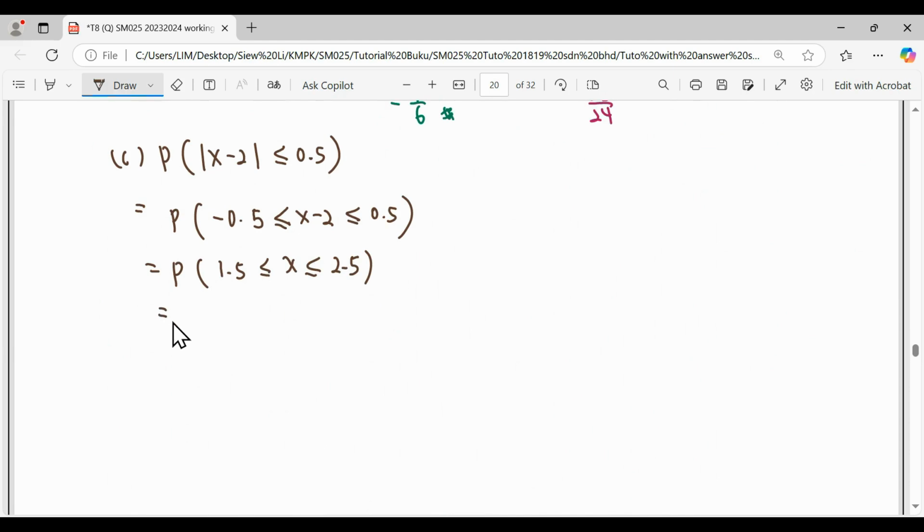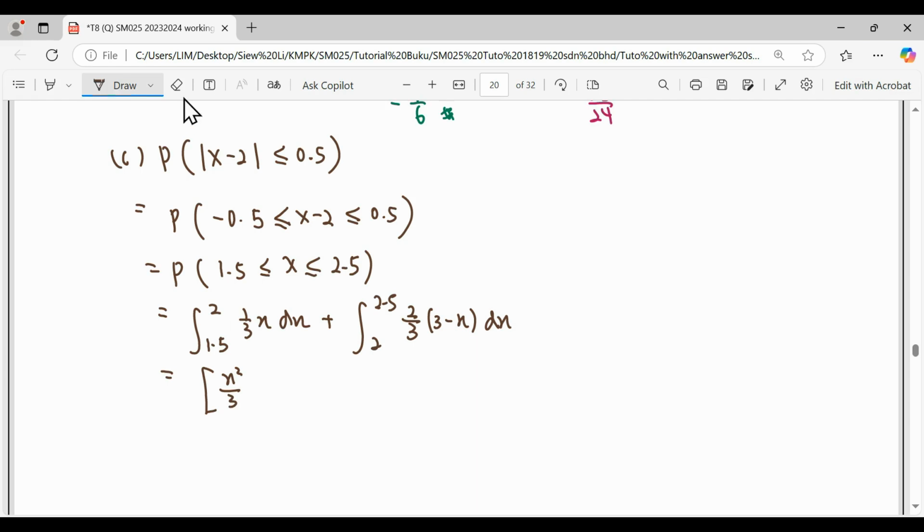To find its probability, we integrate starting from 1.5 until 2, 1 over 3 x dx, plus 2 until 2.5, 2 over 3 times 3 minus x dx. So we start to integrate that, power plus 1 over new power.